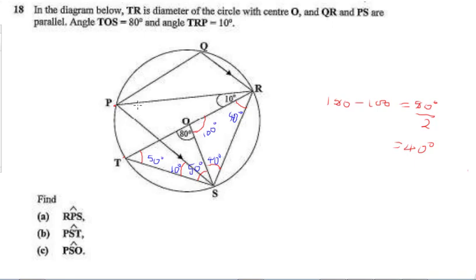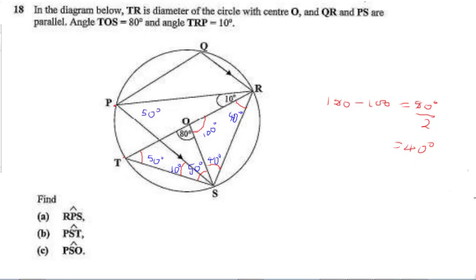So this RPS is coming from the same point as ROS, and this one is at the center whilst that one is at the circumference. We can simply say this angle at the circumference is half the angle at the center. And what angle do we have at the center? We have 100. So 100 divided by 2 gives us 50. So we've got 50 degrees here.